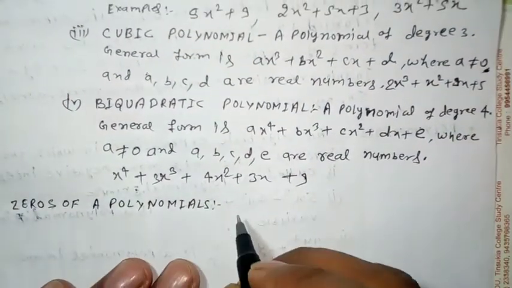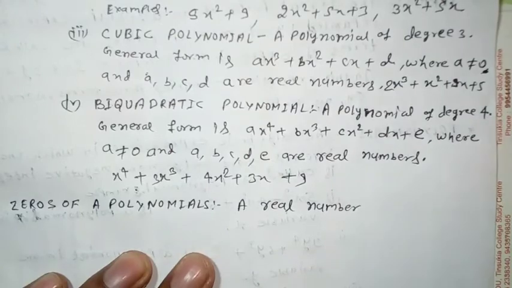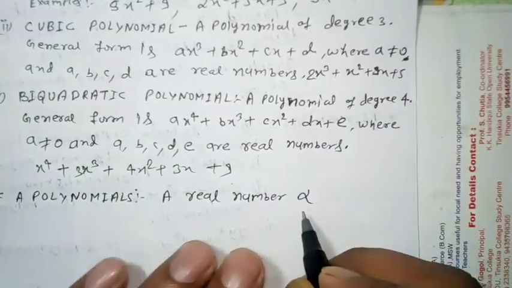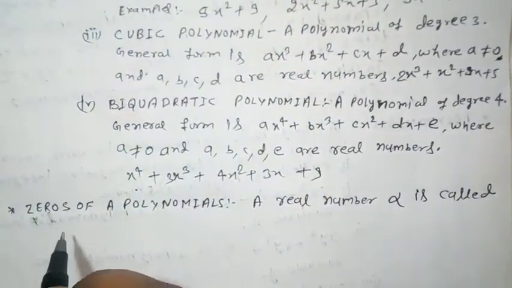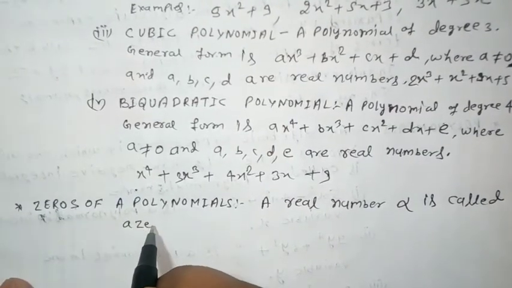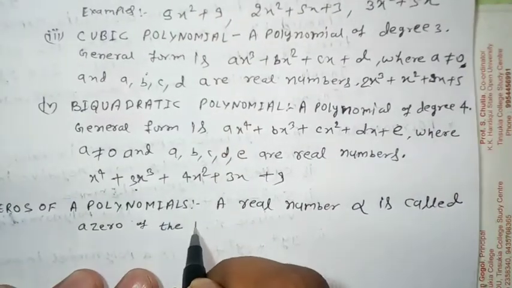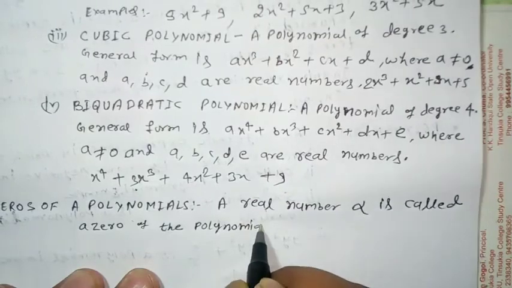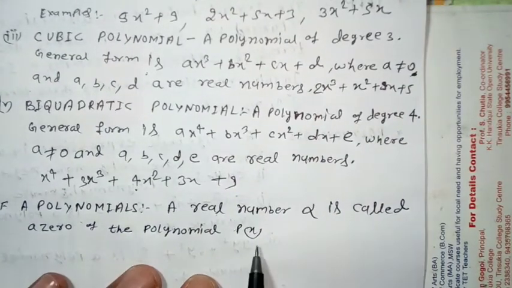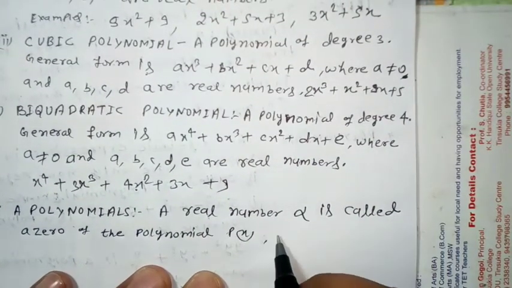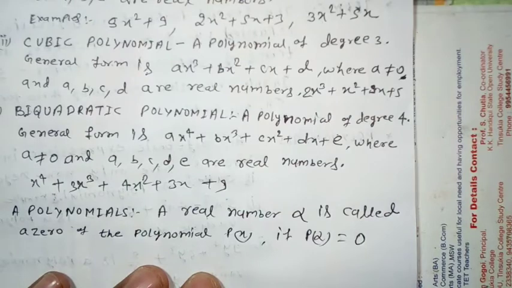A real number alpha is called a zero of the polynomial p(x), suppose that any polynomial in p(x), if p(alpha) is equal to 0.